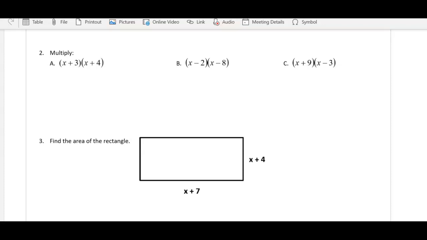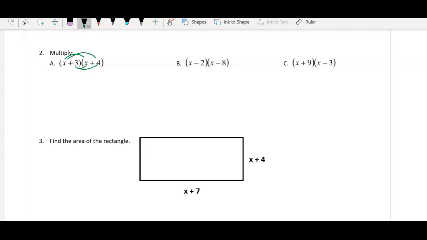Okay, so this lesson is all about factoring what we call polynomials. So we're going to do a quick review of multiplying binomials, right? Because factoring is basically reverse multiplying, okay?